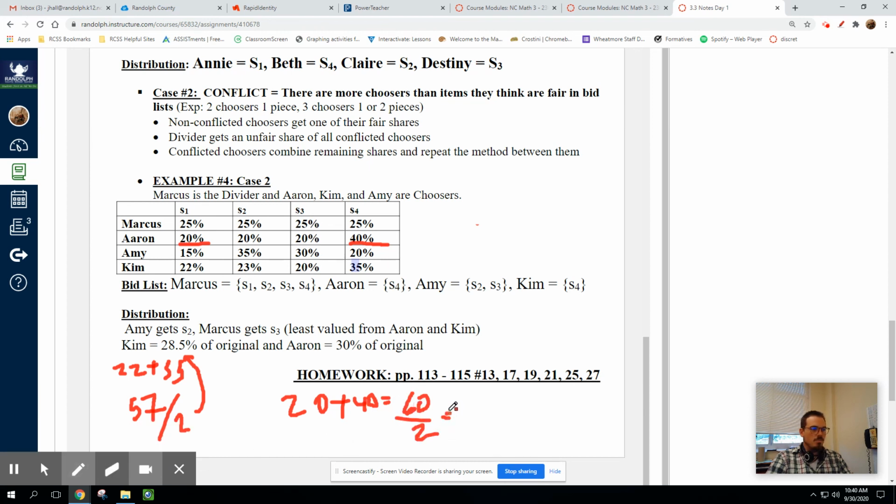And so from the two amounts that were left, they cut it in half and give it away, right? In this case, I don't even know what it was. Maybe it's a piece of cake, maybe it's land. I don't know. But they're going to get a piece of both pieces of land because they value both of them. They're just making it hard on everybody. So they get 30%. So that's how we got that 30%. That's how we got our 28.5%.